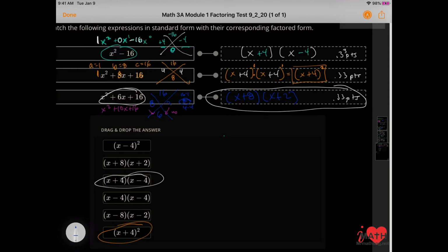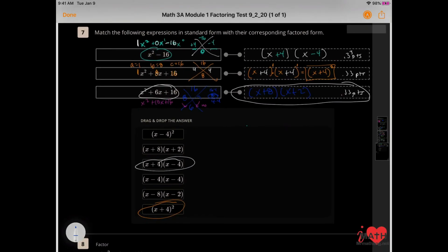But next time I give you a free answer, can you at least put it in there? I'm trying to help you guys. Free point right there. So that was a total of 1 point for question number 7. So 3 mini problems, and your answers were all there. That was supposed to be the choice for 7C, so that's like 3 parts. That's why it said the answer 7C.